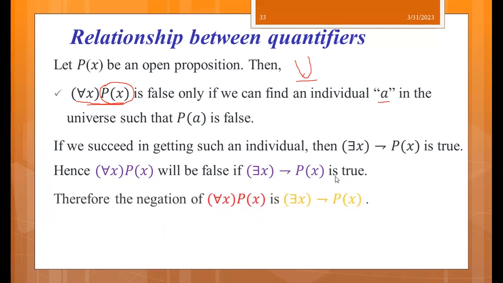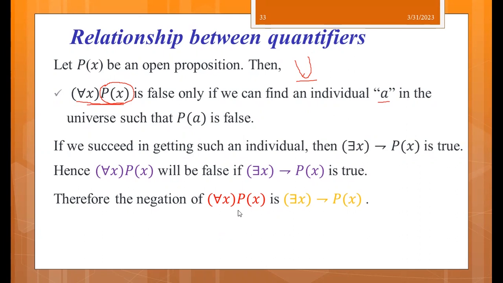So, in this case, the negation, or simply the opposite, of for every x p of x is for some x negation of p of x. Because for this to be true, this must be false. I mean, for the first one, if this is false, this must be true.